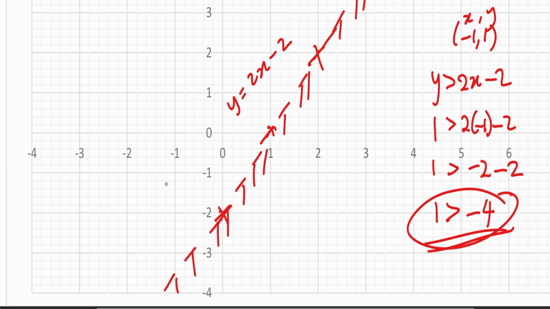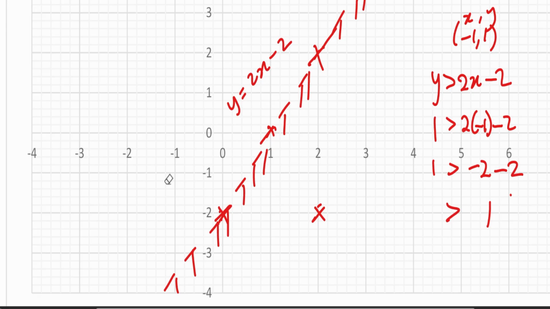Even if you use a point at the bottom, let's say 2, -2, it will still give you the same outcome, but let's try it out. So we say it is 2, -2.